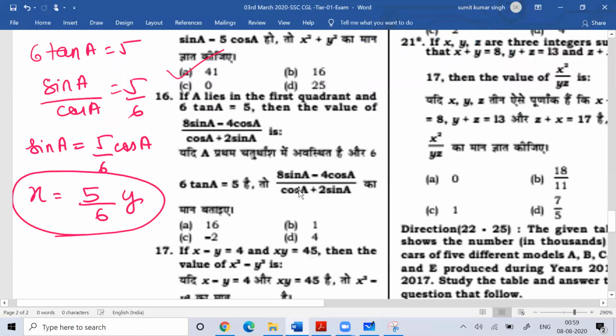And you know that x is equal to 5 by 6 y. This sine A is equal to 5 by 6 of cos A.